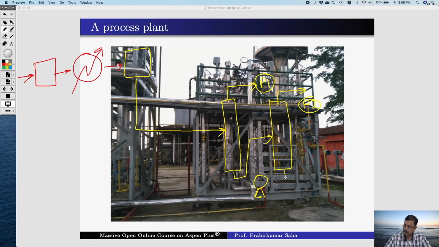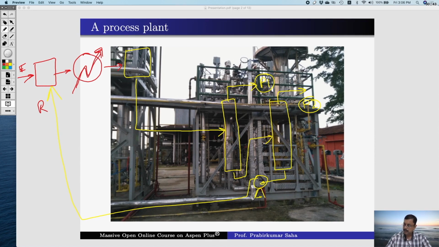The bottom stream of the distillation column is then pumped back to the mixer. It is a recycle stream. So basically the mixer mixes the fresh feed and the recycle stream, and the mixture is then fed into the heater to get heated up, and it is sent to the reactor.